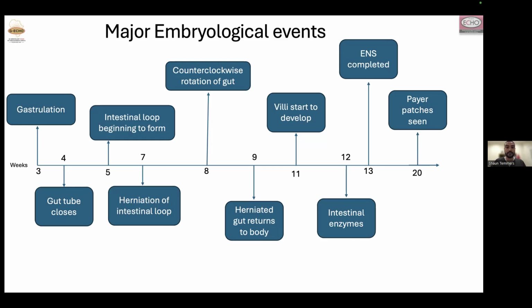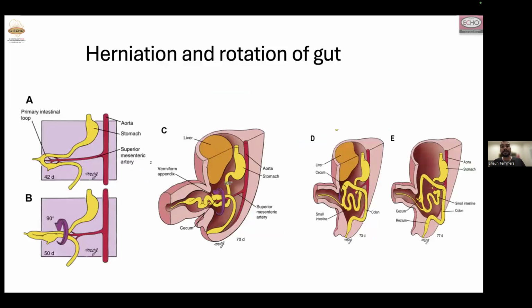When we take a closer look at herniation and the rotation of the gut, we'll follow diagrams A, B, C, D, and E, as alluded to earlier. First, the primitive gut herniates out attached to its mesentery. There's a first 90-degree rotation that occurs as it herniates out of the abdominal cavity.